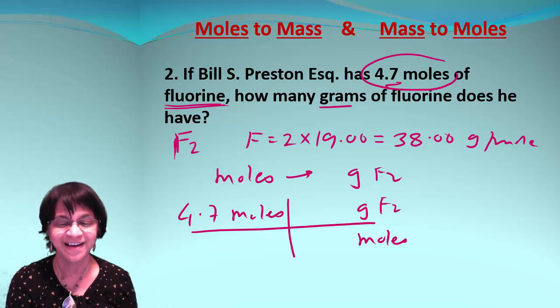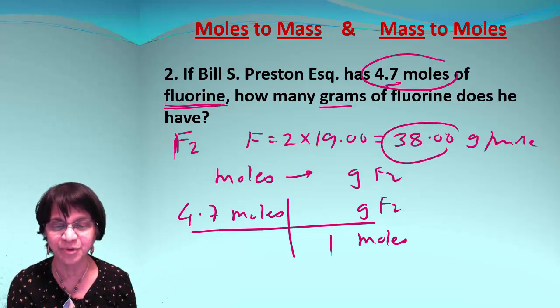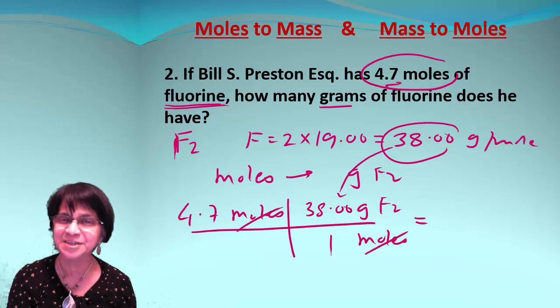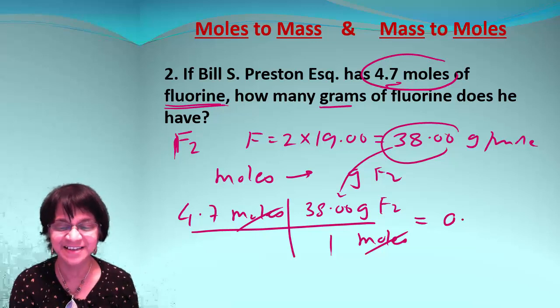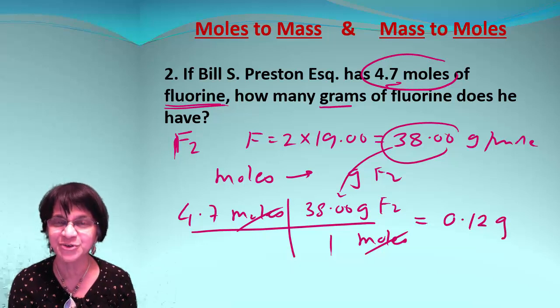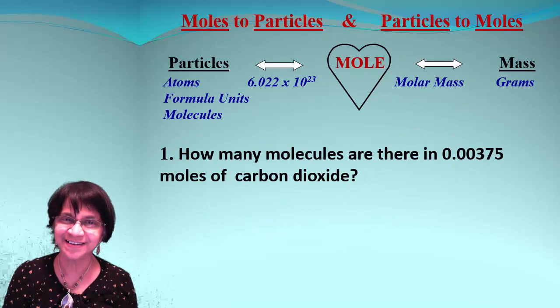Mole is always number 1. And when it's grams, we are going to put 38.00 over here. So moles units get cancelled and we multiply and we get our answer, which is 0.12 grams of fluorine. What do you think? Is it getting easier now?